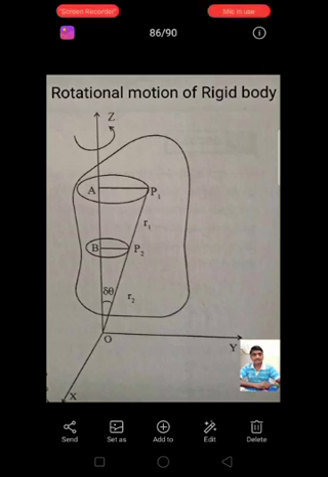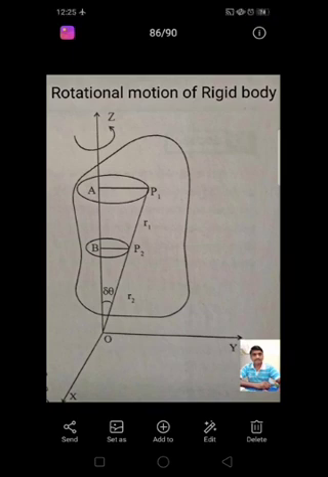So if we see the diagram, each and every particle moves around the fixed axis, the rotational axis, along a circular path.